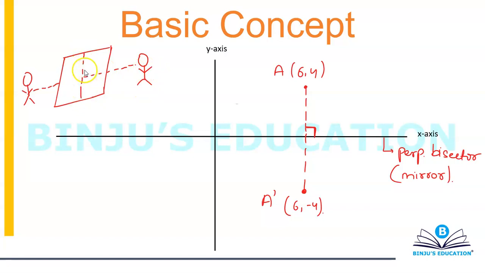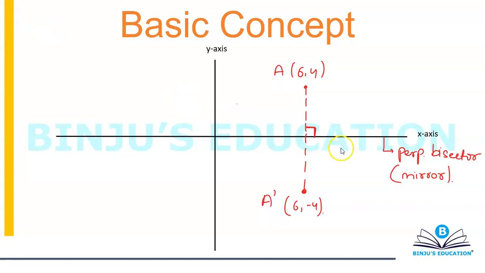You'll observe it yourself that this angle has to be 90. The line joining you and your image will always form an angle of 90 degrees with the mirror. Remember that. So the angle is 90, which means the perpendicular word is done. Second thing, the term bisector: what is a bisector? A bisector is something that divides a line into two equal parts.